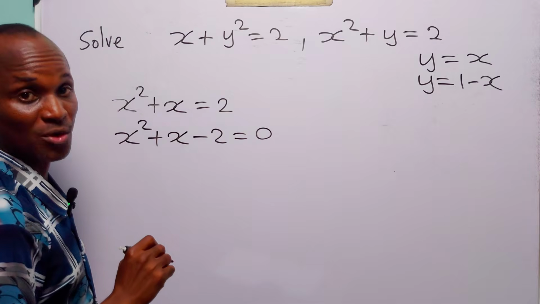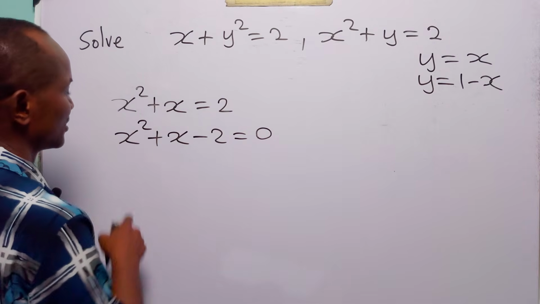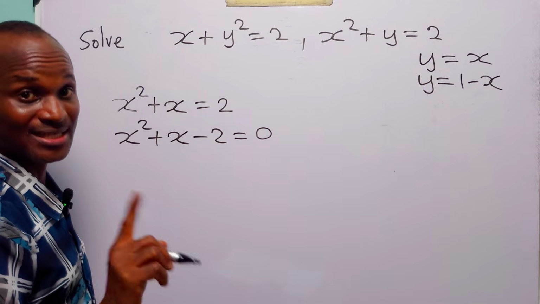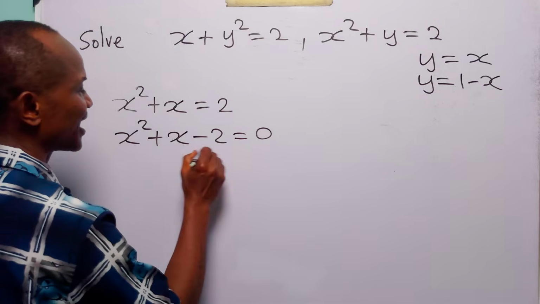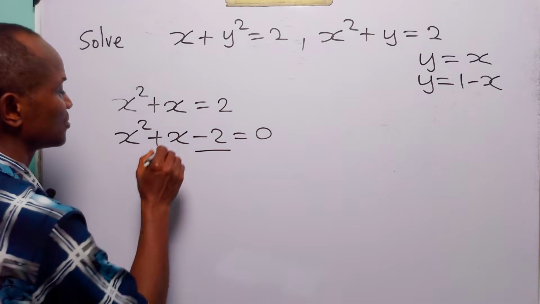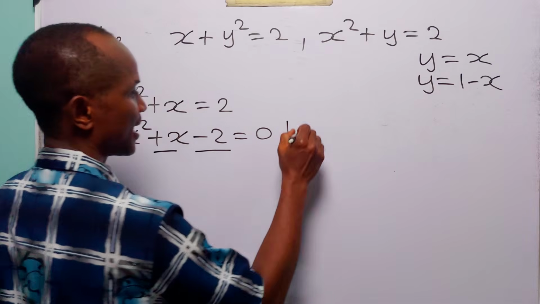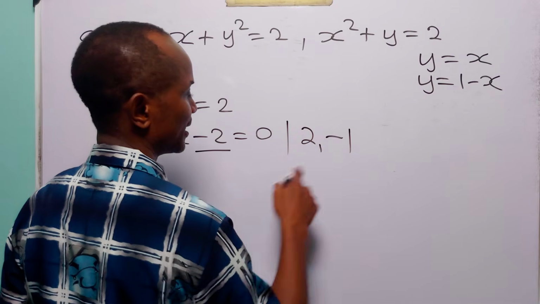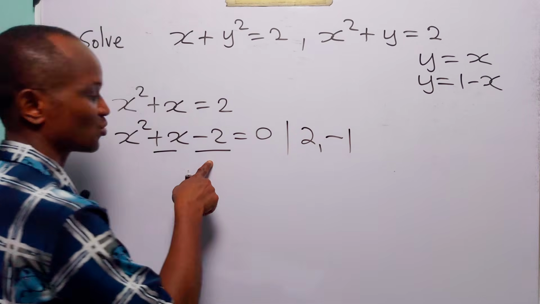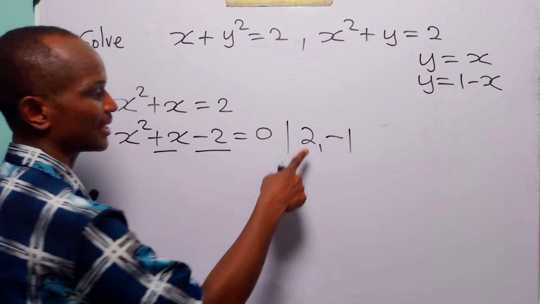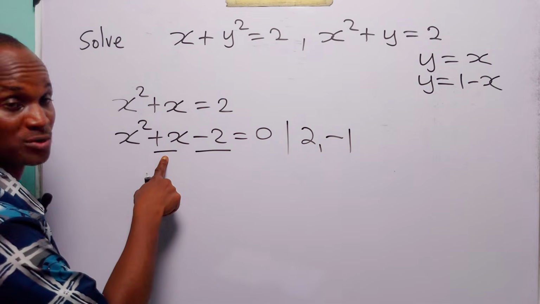Now we can solve this quadratic equation by factorization. Since the coefficient of x squared is 1, all we need to do is find the factors of minus 2 that add up to plus 1. And of course, they are 2 and minus 1, because 2 times minus 1 is equal to minus 2, and 2 minus 1 is equal to 1.